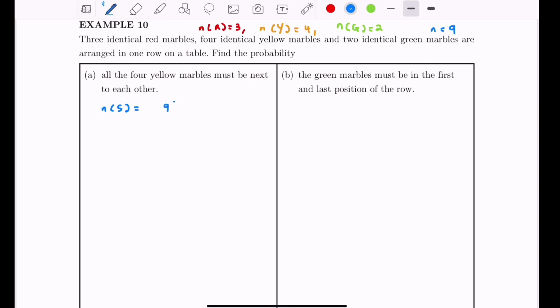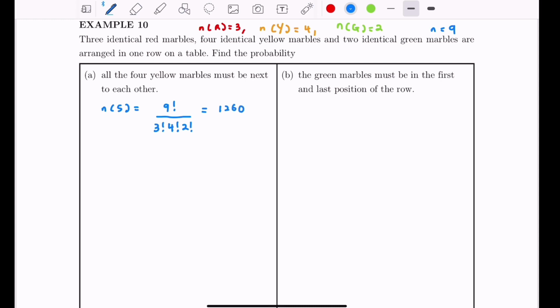So 9 factorial, divided by 3 factorial since we have 3 identical red marbles, divided by 4 factorial since we have 4 identical yellow marbles, divided by 2 factorial since we have 2 identical green marbles. So the answer is 1260.